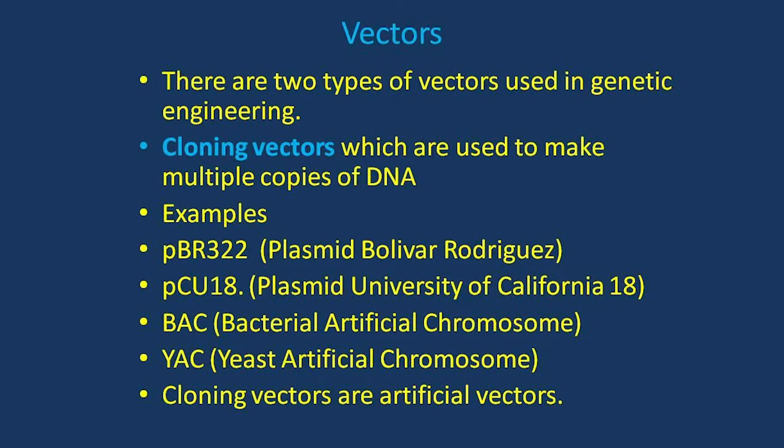Two vectors which were created for the Human Genome Project are bacterial artificial chromosome and yeast artificial chromosome. These are all cloning vectors. Cloning vectors are all artificial vectors.